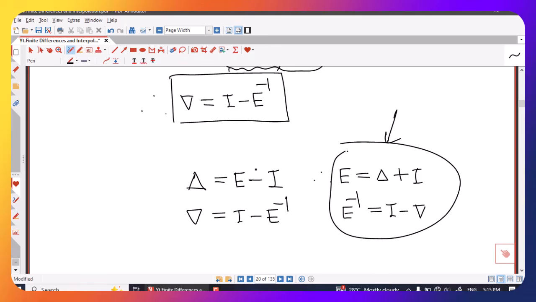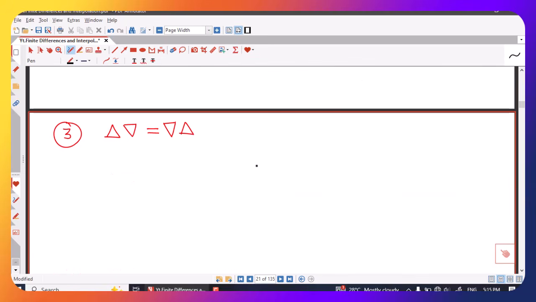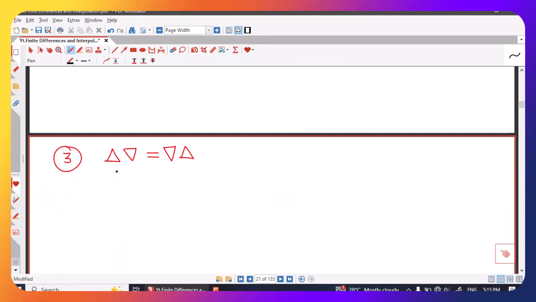Both are equivalent things. The next relationship is, if we take the product of these two differences, forward difference and backward difference, then they are commutative. If we consider a different order for the product, here I have written the forward difference operator first, and here I have written nabla, that is the backward difference operator.